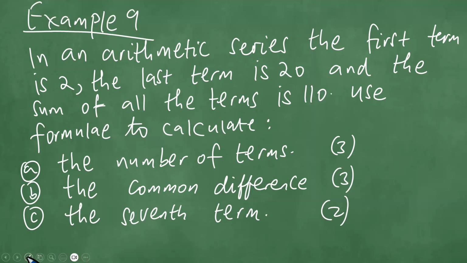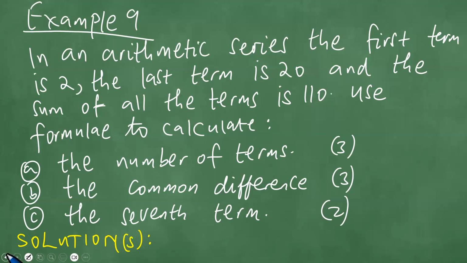So let's look at the solutions to this. So now we shall proceed to look at the solutions. If you look at this and then you look at part A, what do we do now to do this? Because we have been told that in an arithmetic series, the first term is 2. It is a sum we're dealing with because it is a series. A series is a sum.